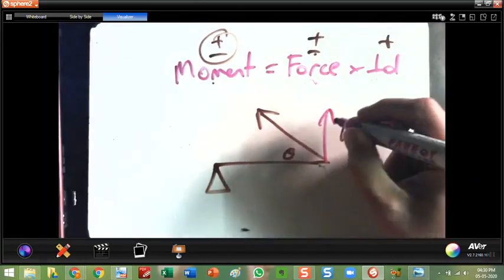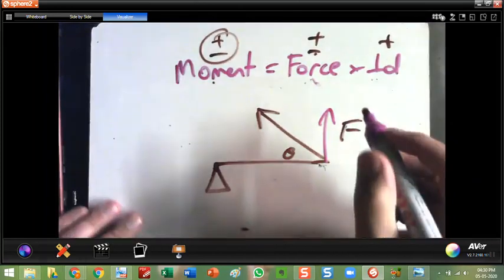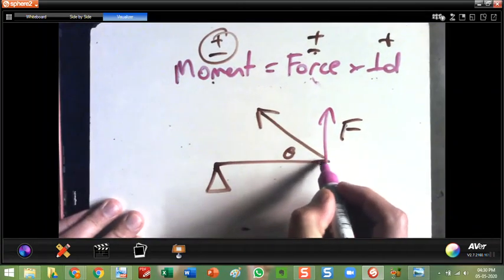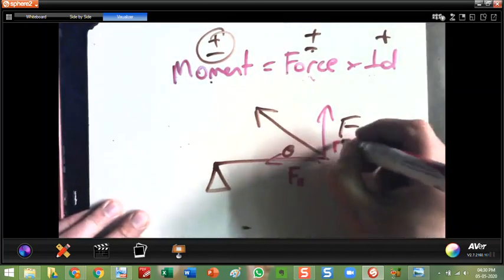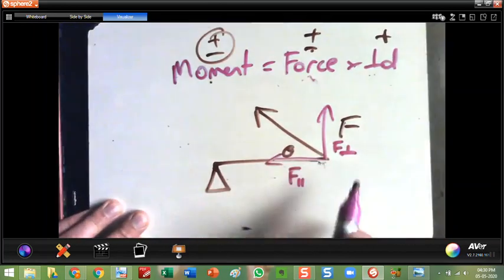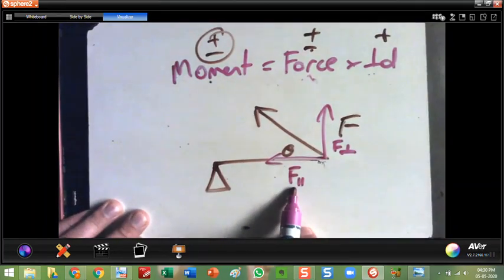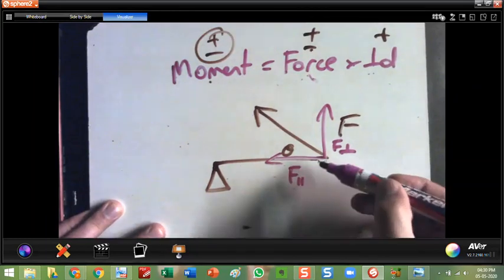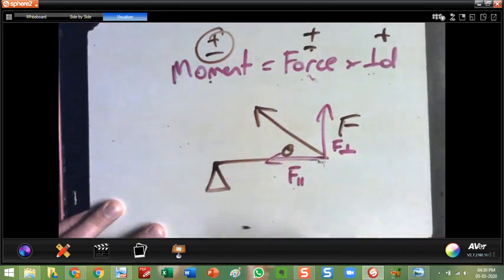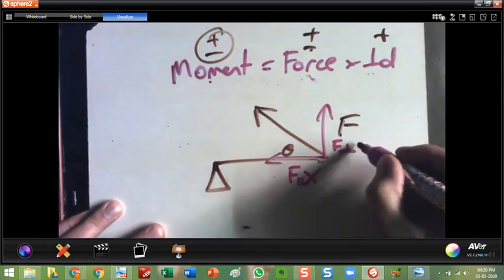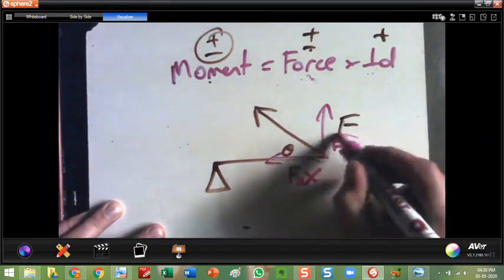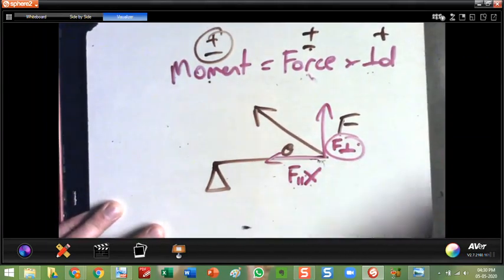It has a component that goes perpendicular and a component that goes parallel. The perpendicular component of the force is actually just pushing back on the pivot and does not apply work at all. The parallel component of the force is the one doing the turning effect here.